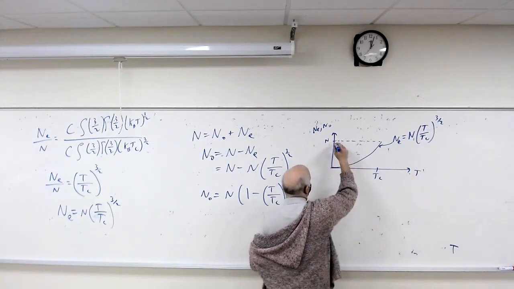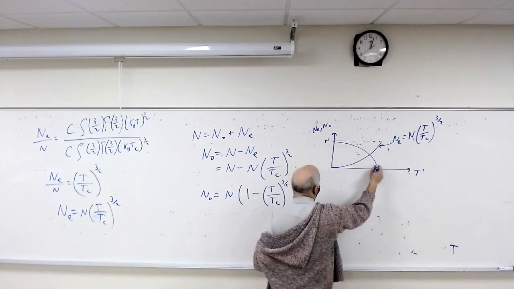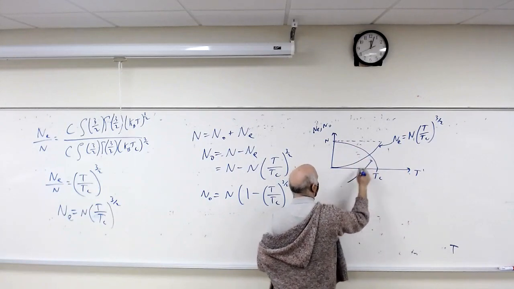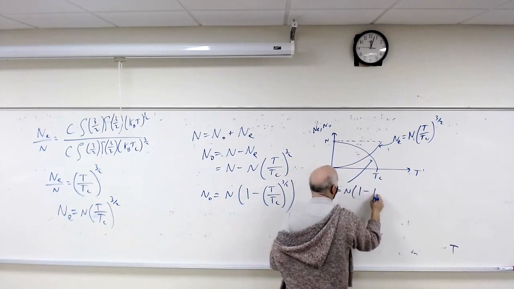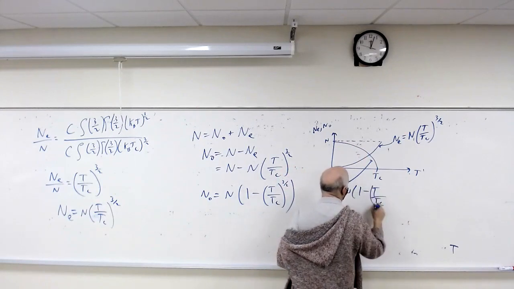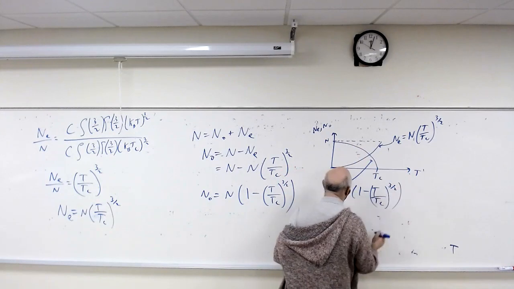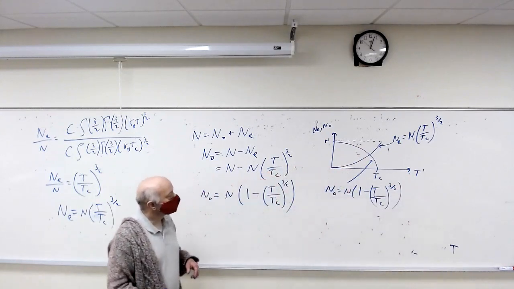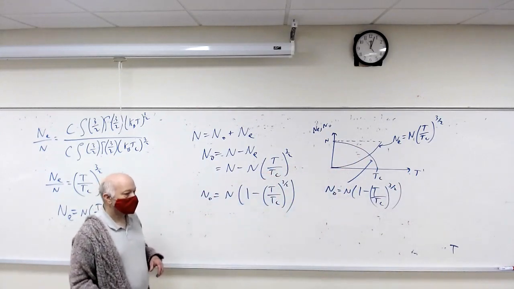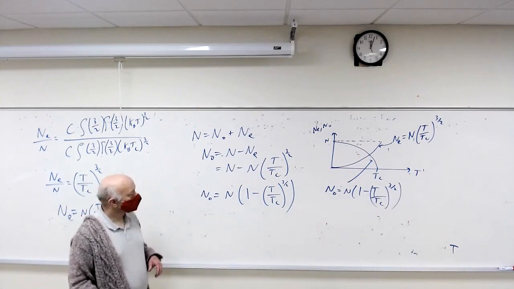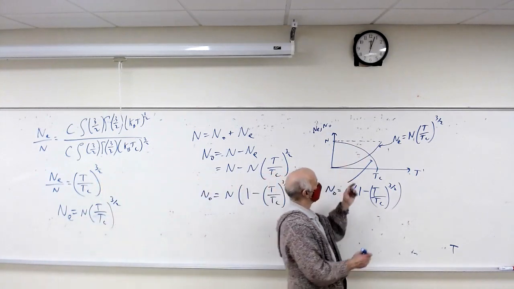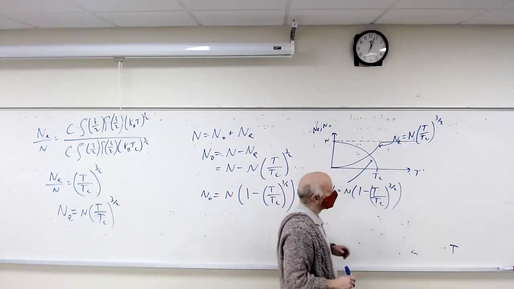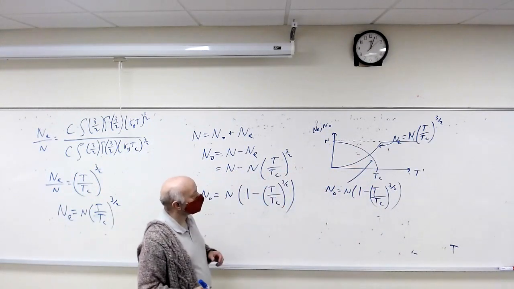And then this guy goes like this. This is your pinnacle. And then basically once you get past here, it just flattens out like this, because you don't get any more particles. They're all in the excited state.